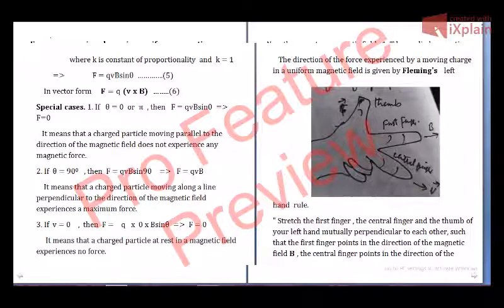Then the thumb will point in the direction of the magnetic force.